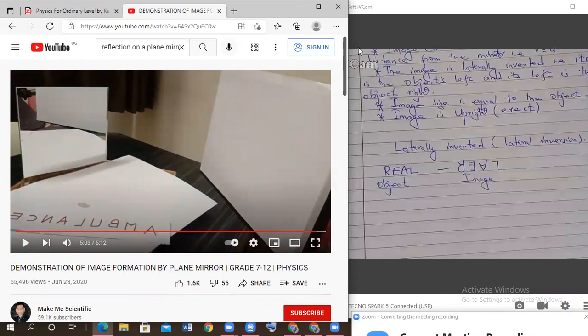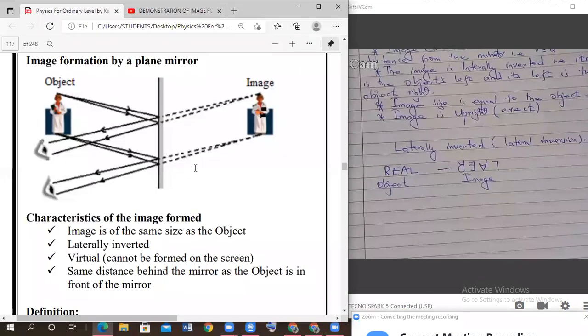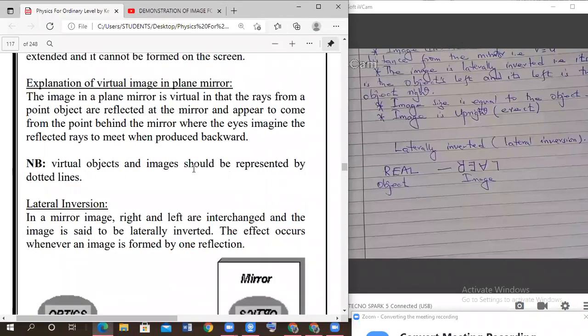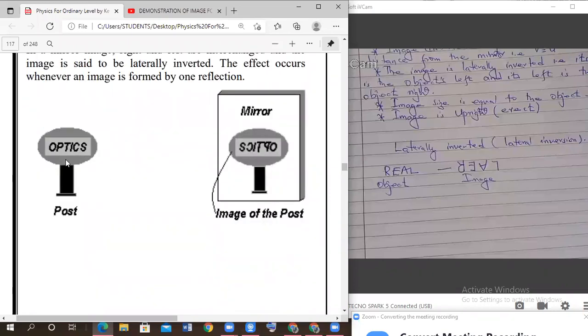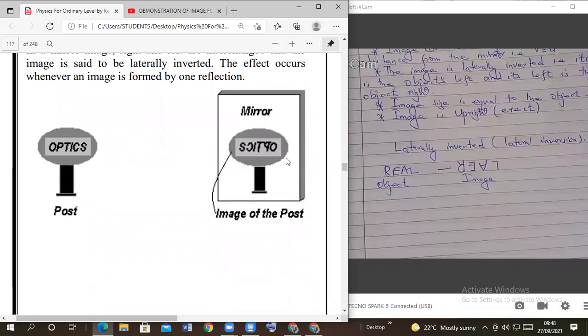Have you learned something from that video? What have you learned? Just tell me briefly in 1 minute. Images formed on a mirror are laterally inverted.